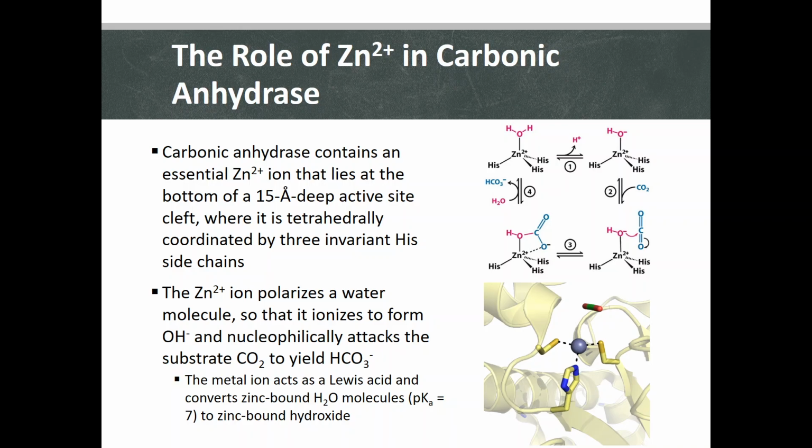Basically it encourages deprotonation of that water. So through interaction with the zinc, you see polarization of the water. This is a consequence of a lowered pKa for the water. And then at neutral pH, you see loss of a proton from the water to now leave the hydroxide. So the hydroxide at this stage is still coordinated to the metal ion.